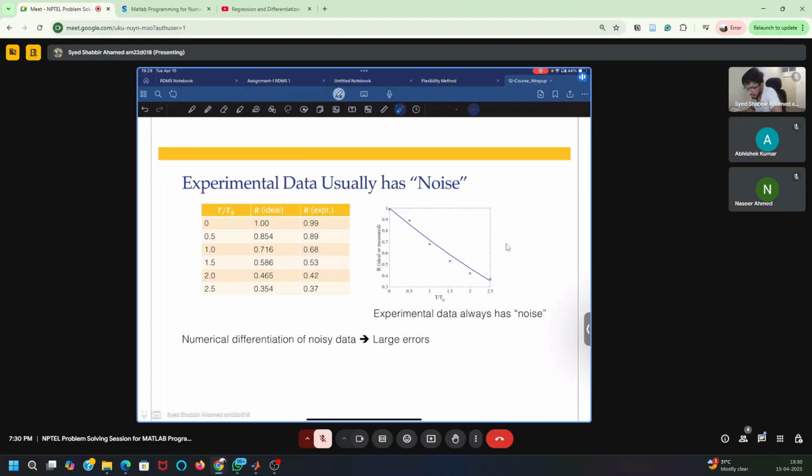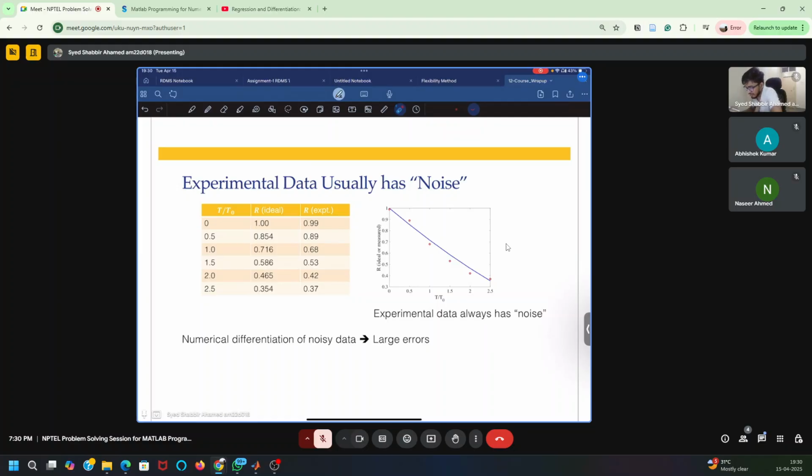There might be a number of reasons, but there will be a little bit of noise. As much as possible we try to avoid it, but we can't. There is inherent noise present in the experimental observations.